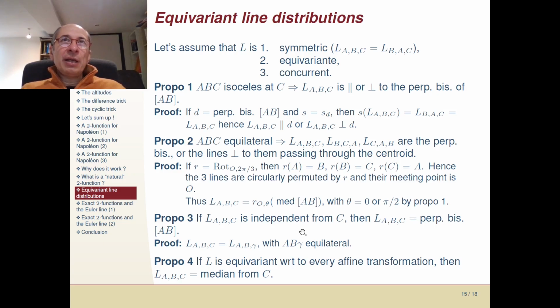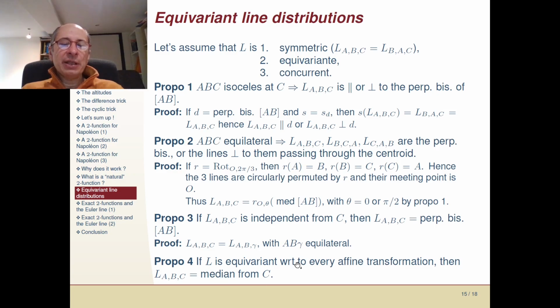Another result we can prove singles out the medians. The medians have a particular property because in that case the distribution is equivariant not only with respect to similarities, which is what I assumed here. But if you require the stronger property that L is equivariant with respect to every affine transformation, then L(ABC) has to be the median from C. And this follows from proposition 2, because you can always transform any triangle into an equilateral triangle using an affine transformation.